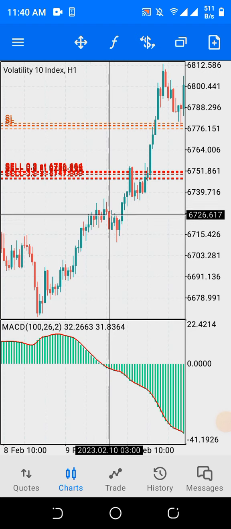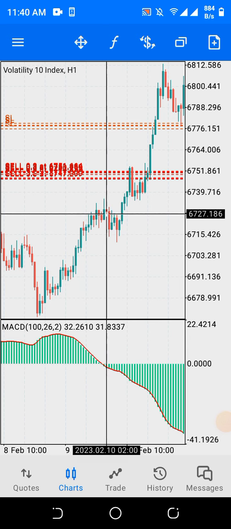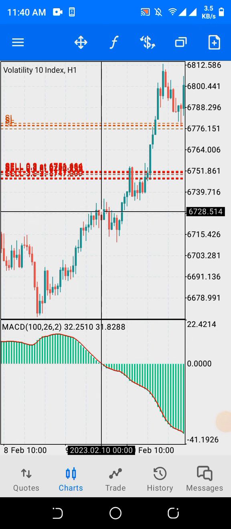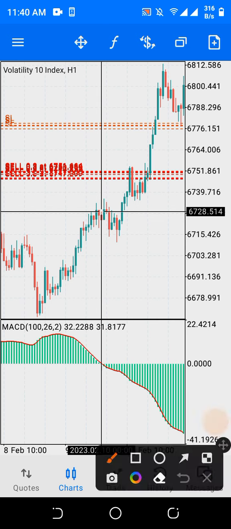Now watch as this is being done. Once you notice this MACD crossing, normally your entry is supposed to be here, from this point of crossing.